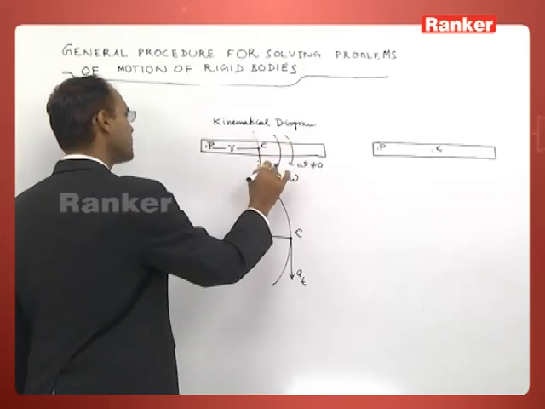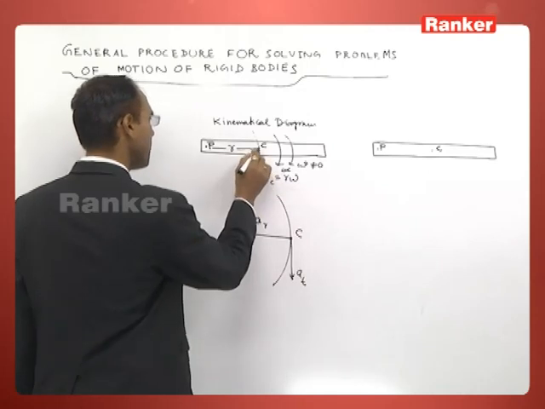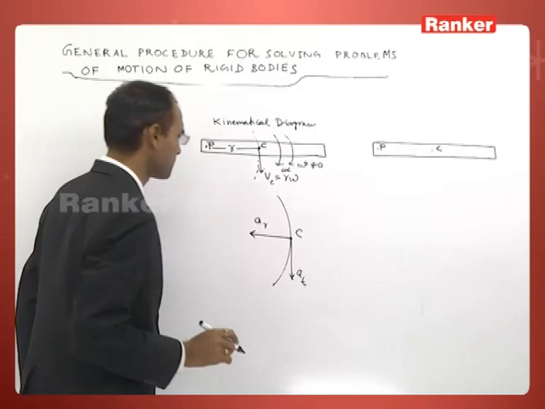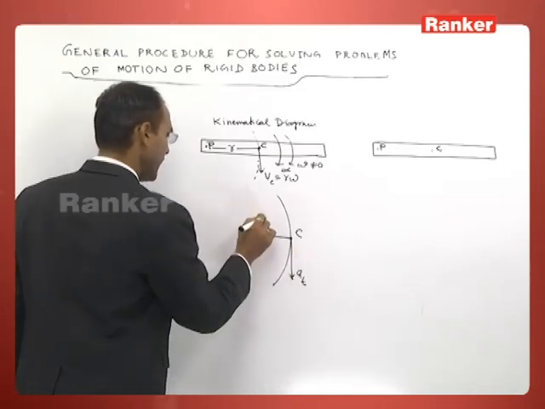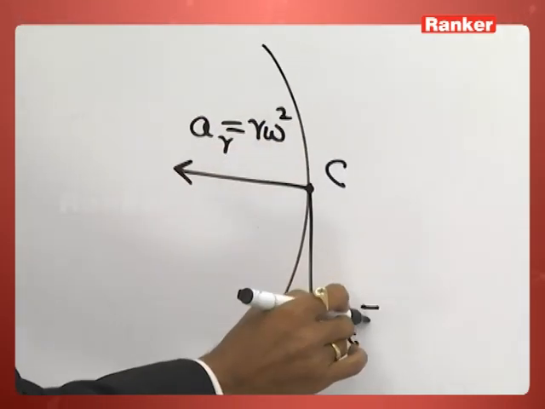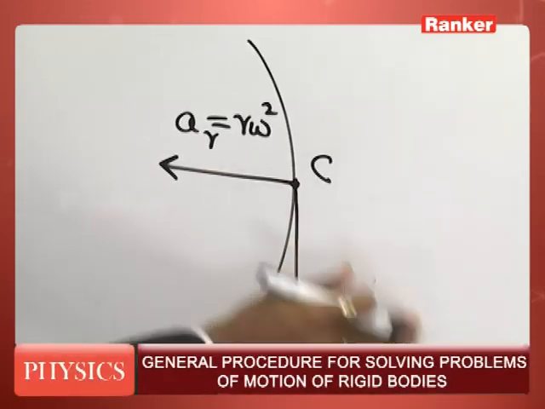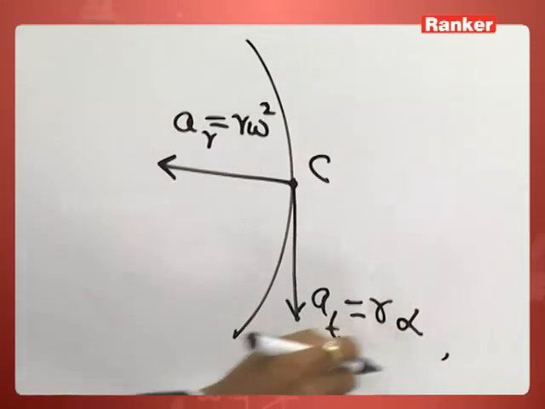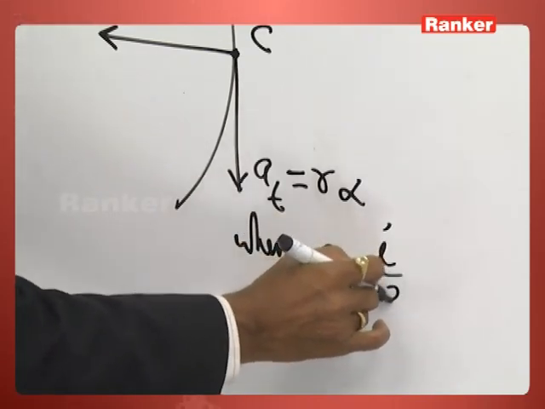Since the angular acceleration of the rod is alpha, the acceleration of the center of mass with respect to the pivot will be radial acceleration, that is r omega squared, and tangential acceleration, that is L by 2 into alpha, or you can say r into alpha, where r is equal to L by 2.